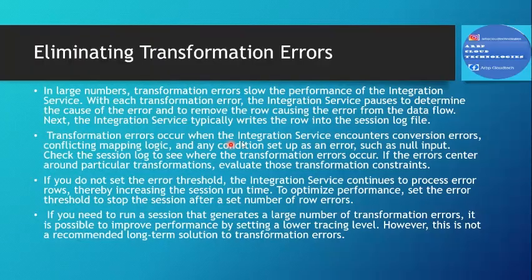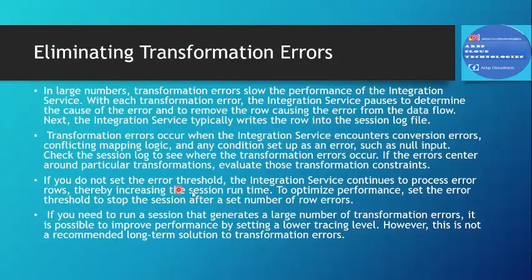A transformation error occurs when the IS service encounters a conversion error, conflicting mapping logic, or any condition set as an error, such as null input. Check the session log to see where the transformation error occurred. If the errors center around a particular transformation, evaluate those transformation constraints.